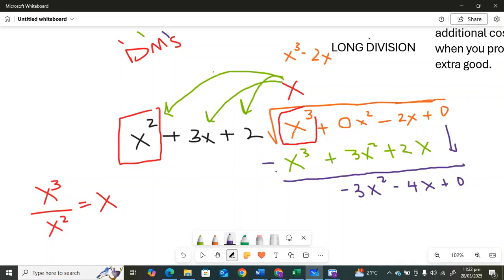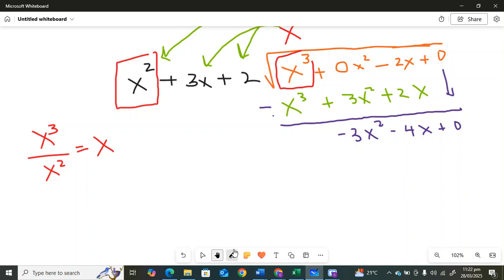Okay, the next cycle we start the process again: divide, multiply, subtract. So what are we dividing? Again, you're always just dividing the leading term within this division house, basically. You don't know what to call this thing for division here. This division house, basically. Okay. So this negative 3x squared here, you are dividing it with x squared here.